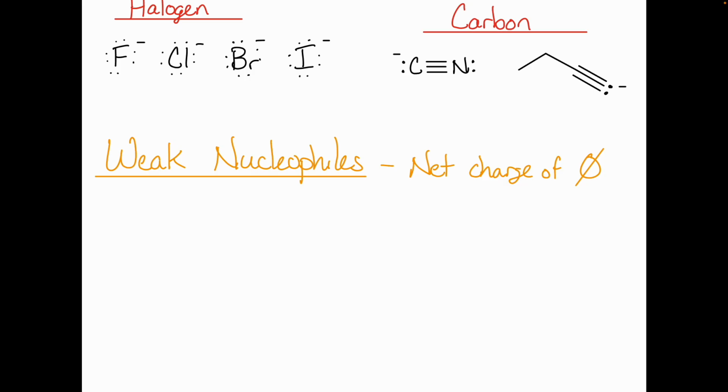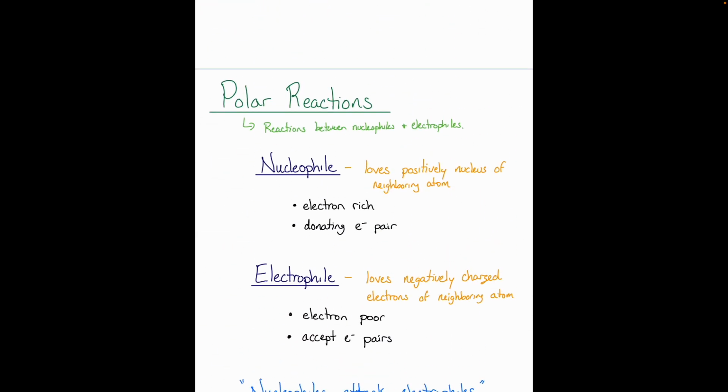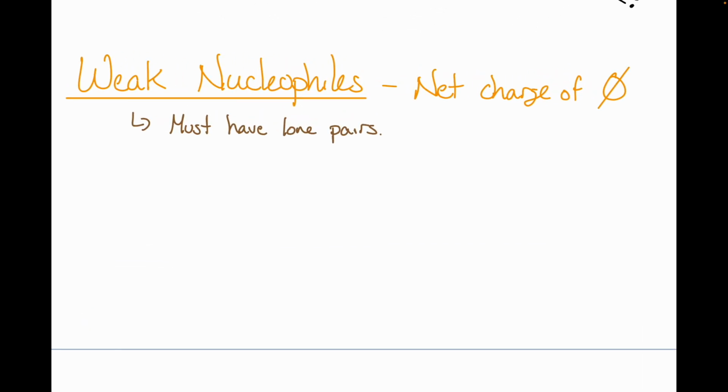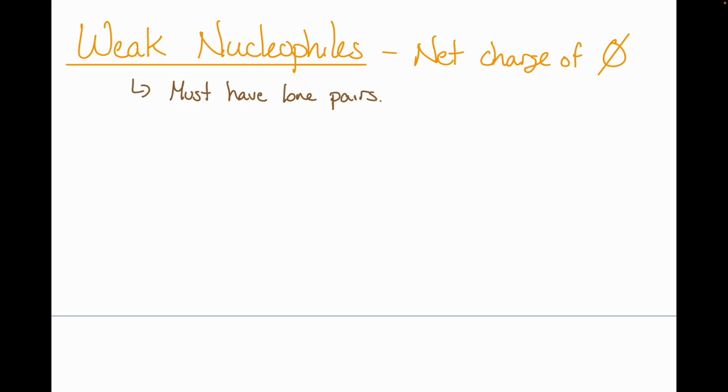Importantly, any nucleophile, even a weak one, must still have lone pairs. Remember, one of our requirements for a nucleophile was this ability to donate an electron pair. So even our weak nucleophiles have electron pairs to donate. Just to give some examples, one weak nucleophile we'll see quite often would be water.